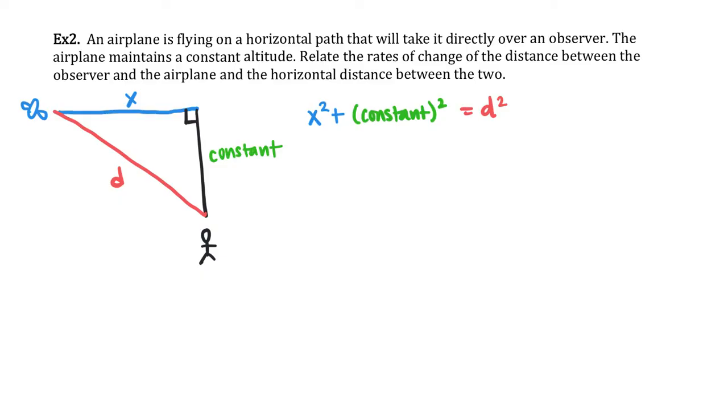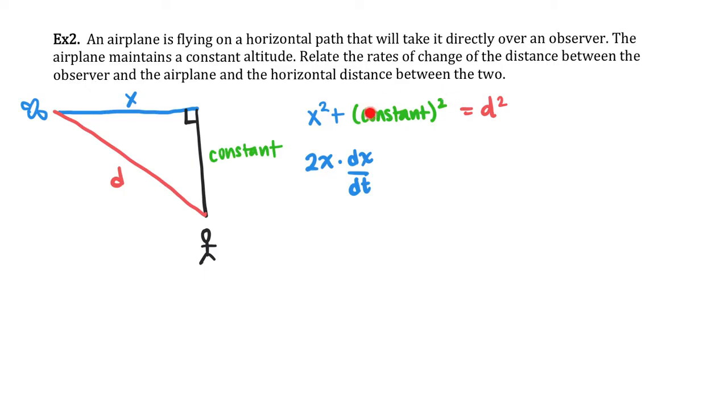Pythagorean theorem again. Okay, I want to find the related rate of change. It's going to be with respect to time because the plane is moving as time goes by. So let me go ahead and find the derivative. So the derivative of x squared is 2x. Since I'm deriving with respect to time, I'm going to do times dx dt.